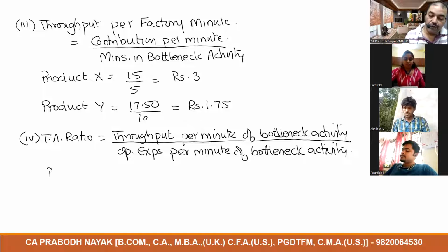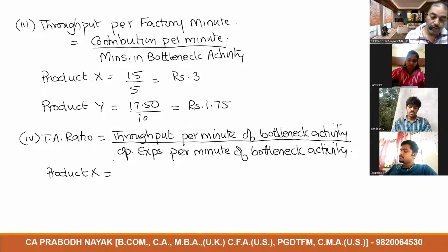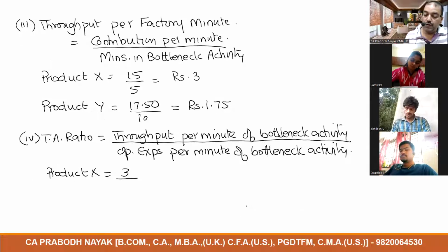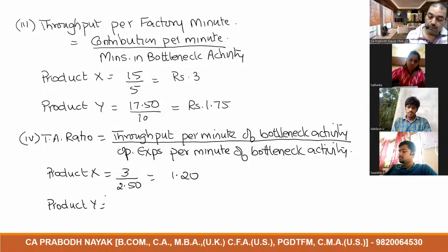So for product X, it is 3 by 2.5. Operating expenses cost we have got here, cost per minute, 2.5. So 3 by 2.5, that is equal to 1.2. For product Y, it is 1.75 by 2.5.